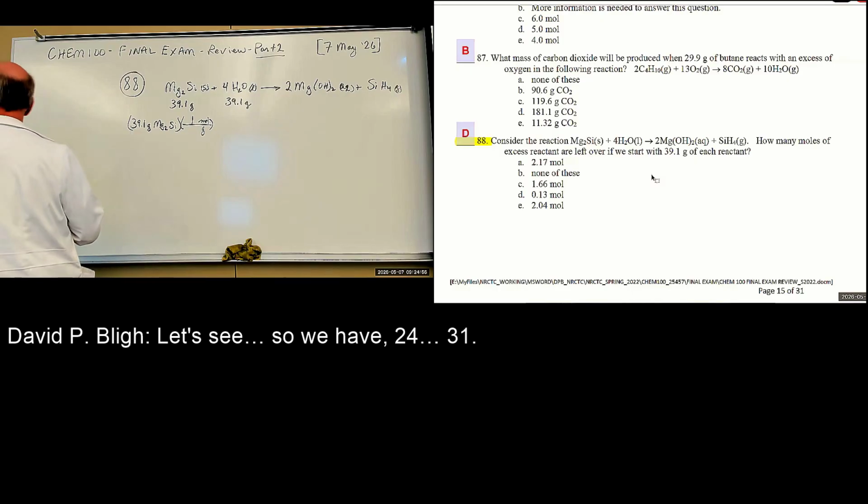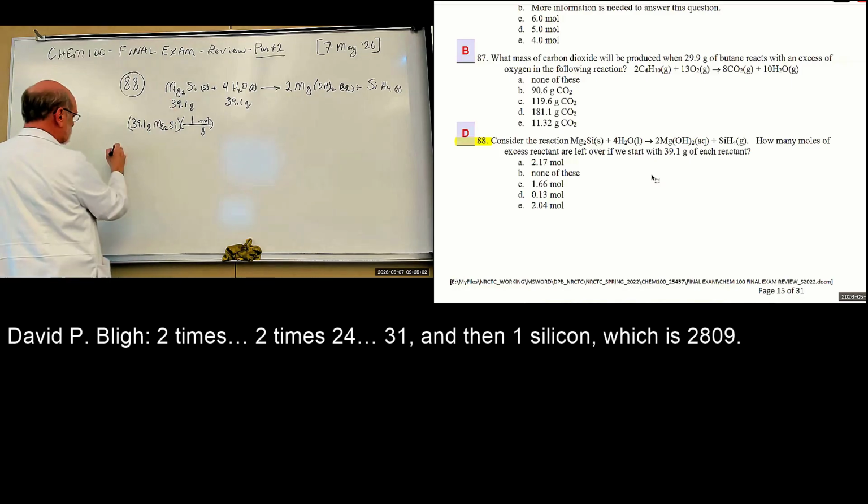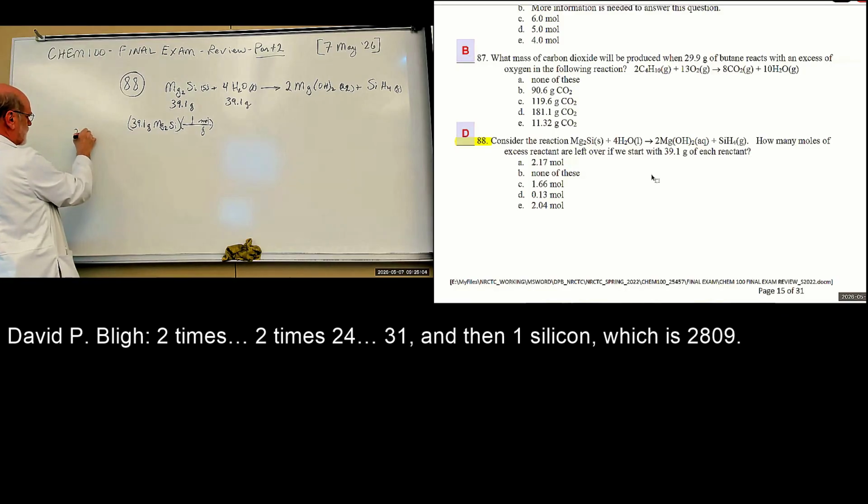Let's see. So we have 2 times 24.31, and then 1 silicon, which is 28.09.